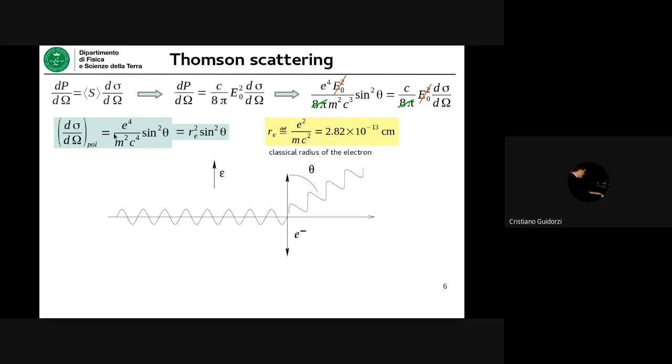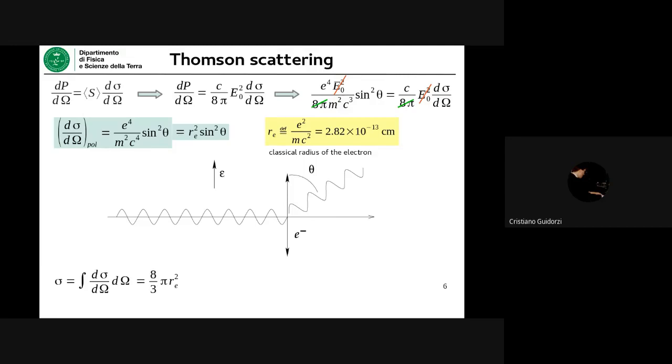Now you see the classical radius of the electron squared times sine squared. Now if you don't care about the direction of the scattering, you want the total cross section, you just have to integrate the differential cross-section over the solid angle. But if you have to integrate over the entire solid angle something which depends on sine squared, by now you know by heart, I'm sure, the integral over the entire sky of sine squared is 8 pi over 3.